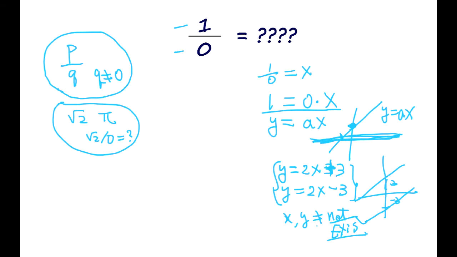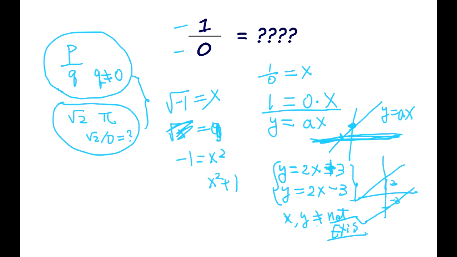Well, let's look at it this way then. When we solve some quadratic function, there is a case that you encounter this. This one doesn't make sense either, okay? Say x squared plus 1 equals 0.